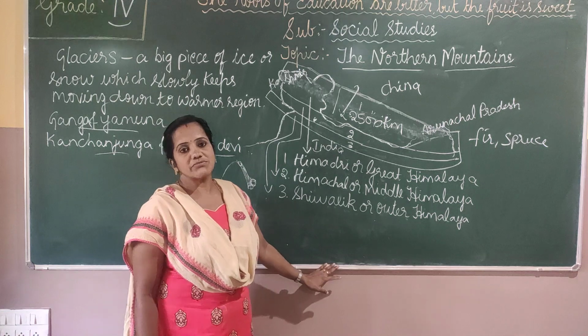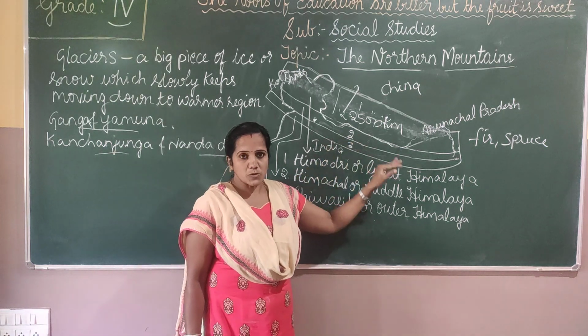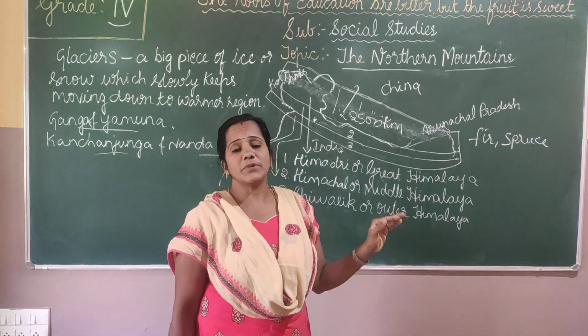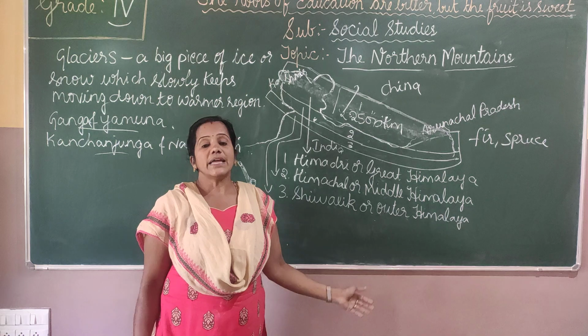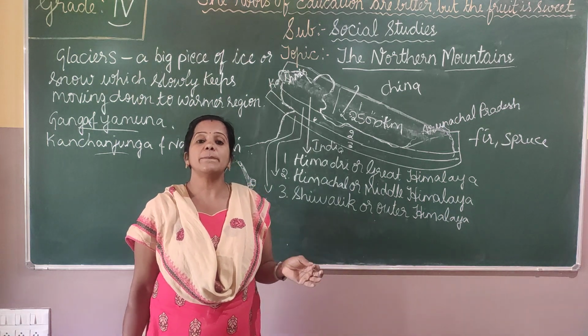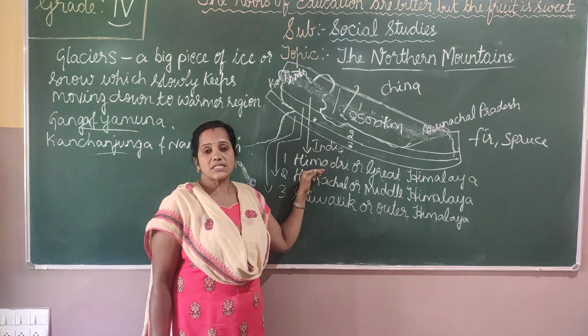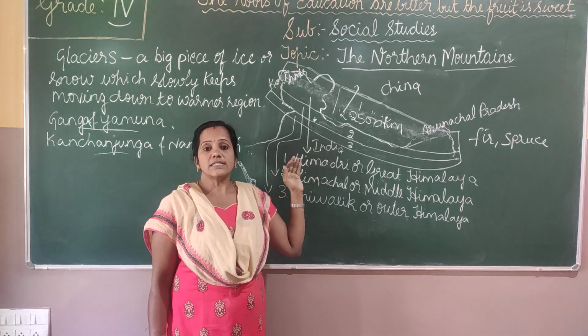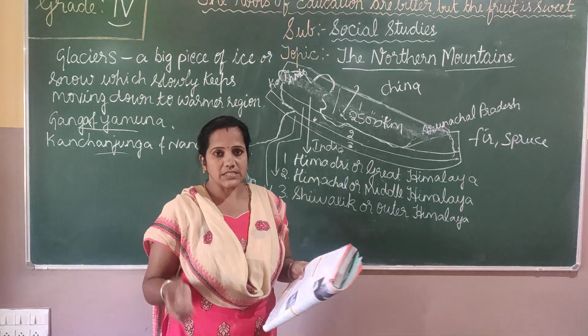But some of the trees which grow here are fir and spruce, and some wildflowers grow at the lower regions. It is very difficult for people and animals to live in this region because it is very cold.